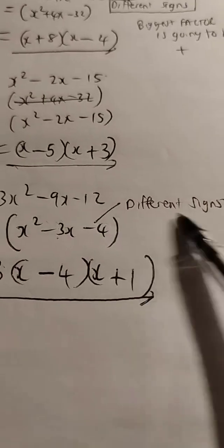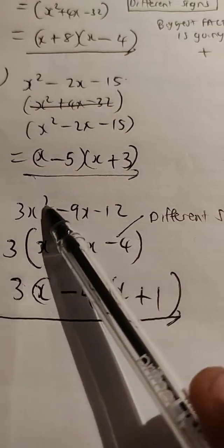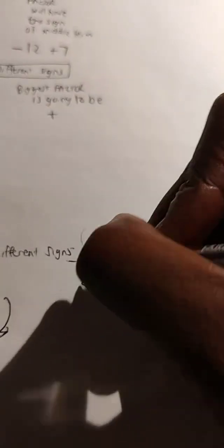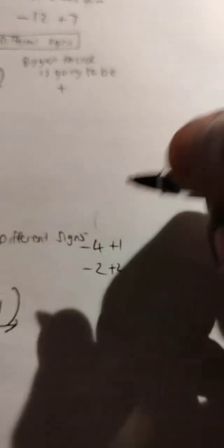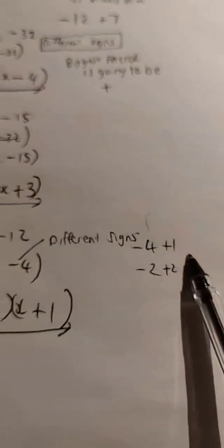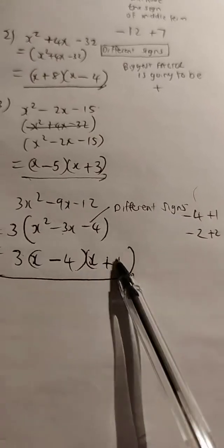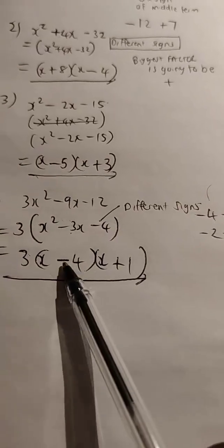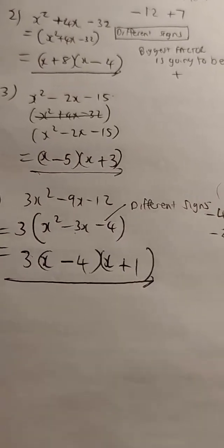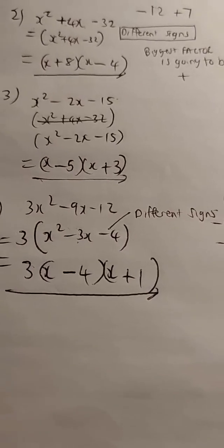But remember, with different signs, the biggest factor is going to have the negative sign. So we say negative 4 plus 1, negative 4, negative 2 plus 2. Which one works? It's negative 4 plus 1. Why? Because negative 4 times positive 1 gives us negative 4, and negative 4 plus 1 gives us negative 3. So that's how we got 4 and 1.